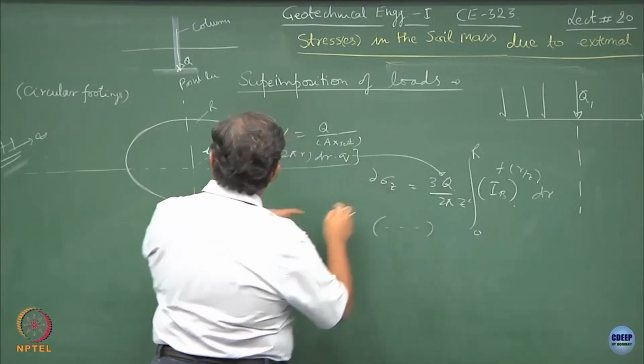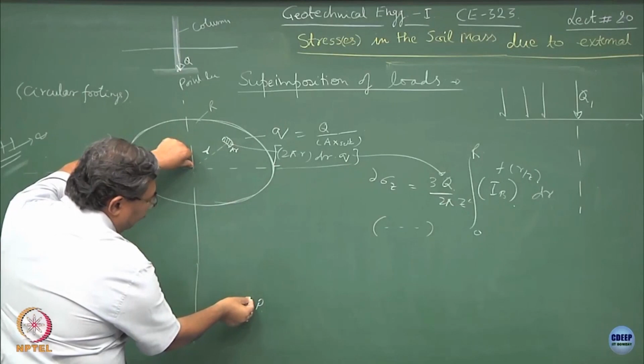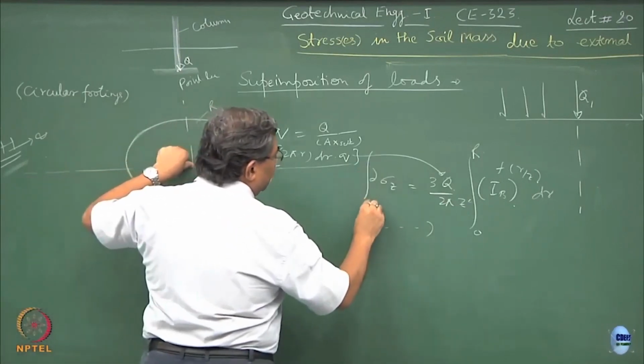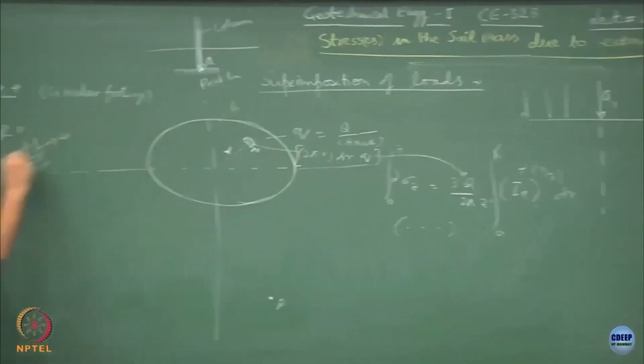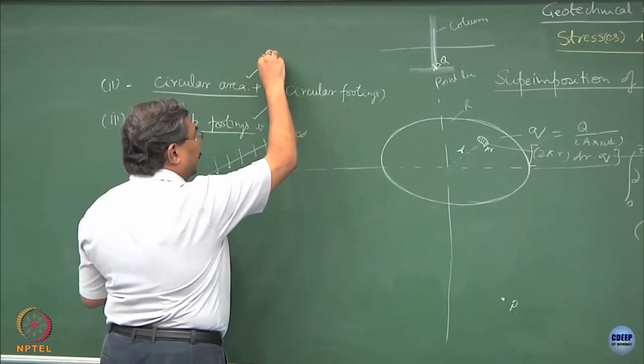This will be from the given point to the point where you are interested in finding out the pressure. So that means 0 to z. Same thing you can do over here. So this becomes a case of strip footings, circular footings.